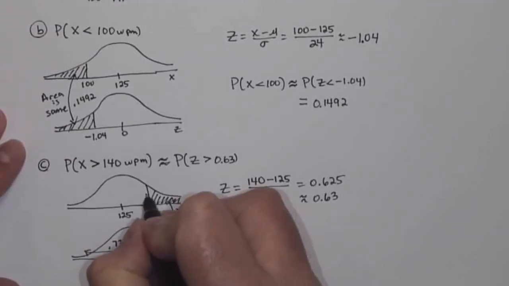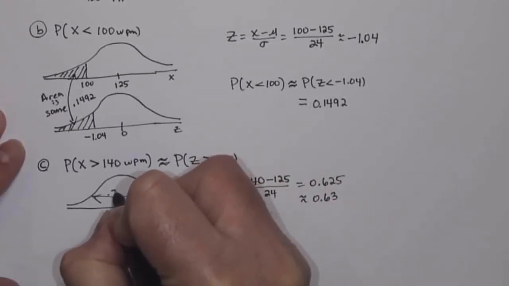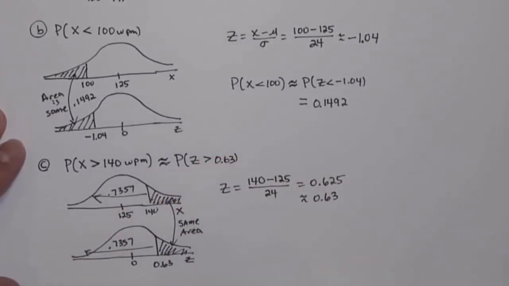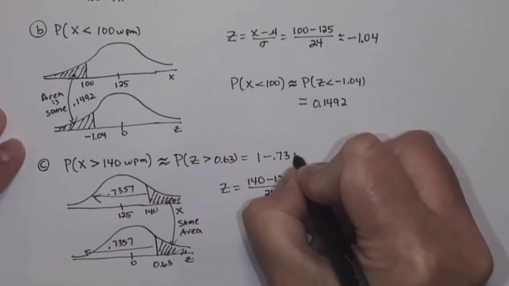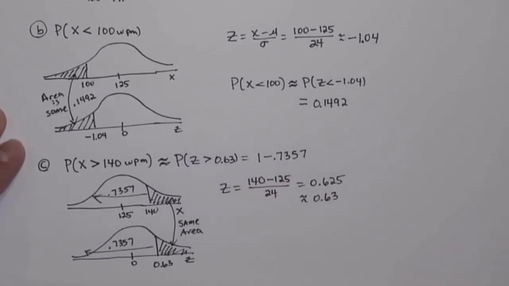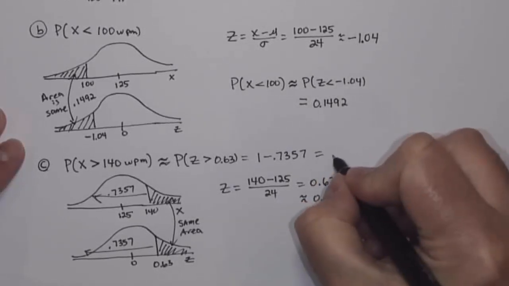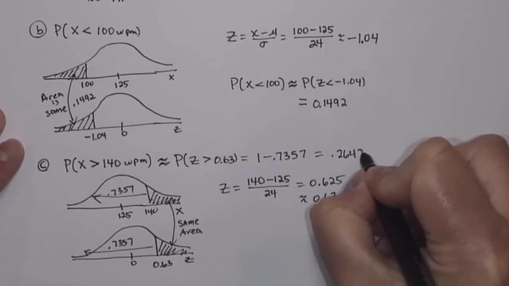So this area is approximately the same thing. So the area to the right that we're looking for is going to be 1 minus the 0.7357. And 1 minus 0.7357 is 0.2643.